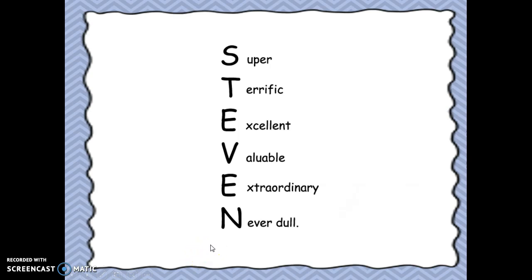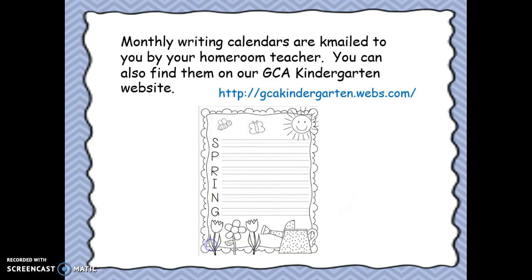So now we're going to work on our own. I'm going to use this page to write about spring. This comes from our March monthly writing calendar. These monthly writing calendars are K-mailed to you by your homeroom teacher. You can also find them on our GCA Kindergarten website. And here is the link.